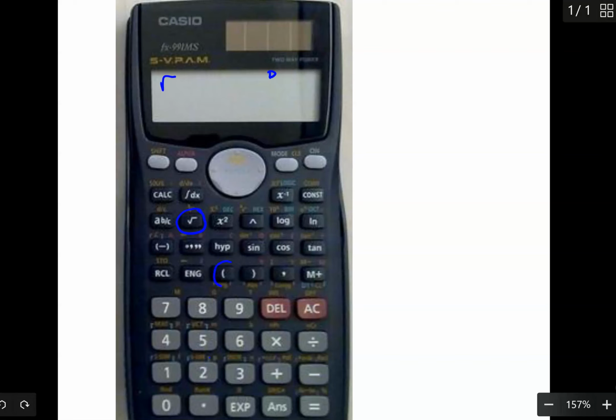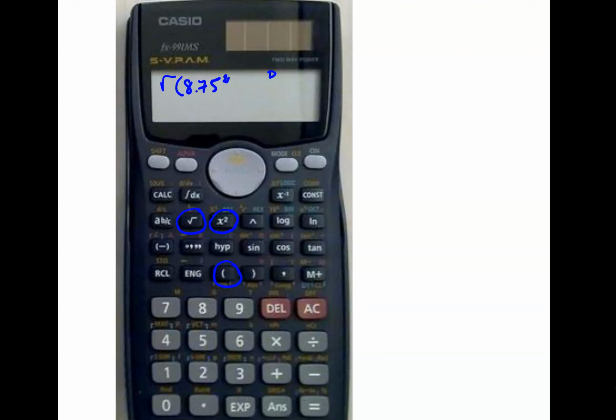Then you press this bracket to open the bracket, and I key in 8.75, and you press this x to the exponent 2 right here. So press that key, and I will see that I have that raised to the exponent 2.